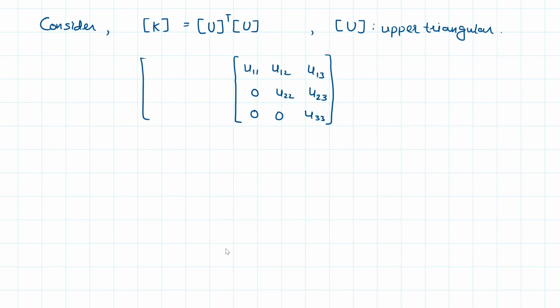So then the transpose of that matrix would be U11, 0, 0, U12, U22, 0, U13, U23, U33.